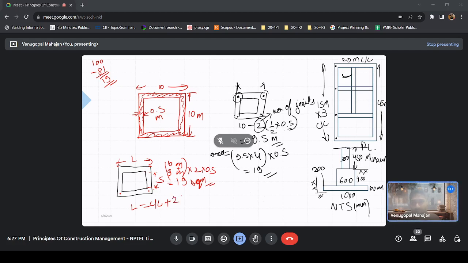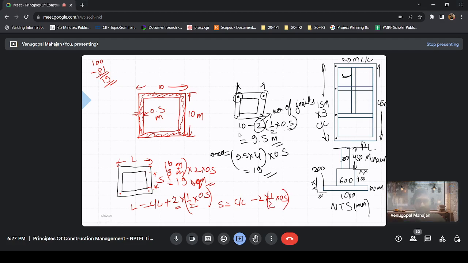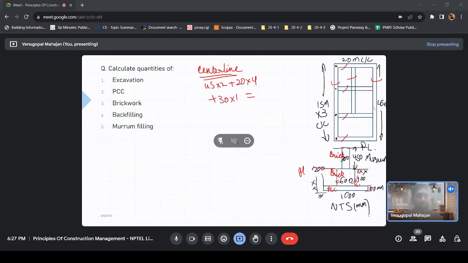We'll go with 2 into half of it, so that gives us the concept of corners. We have got two corners, so 2 into half of it for each corner. Similarly, for the short wall, it would be C to C minus 2 into half of width. So, are you guys happy with this? Yes, sir. Okay, so let's come back to our original question.